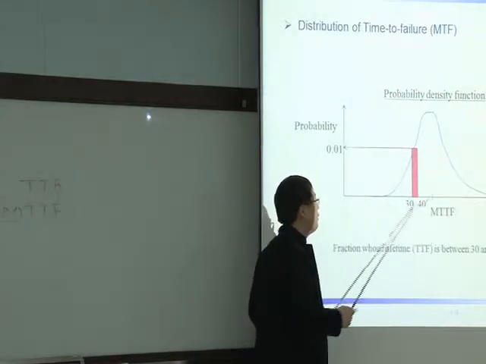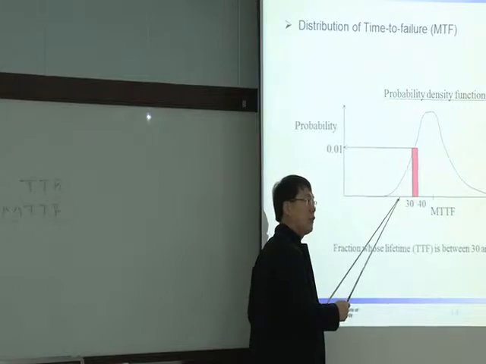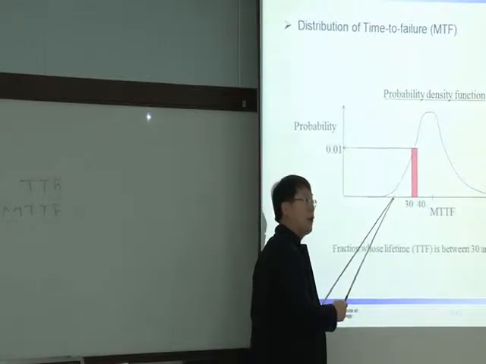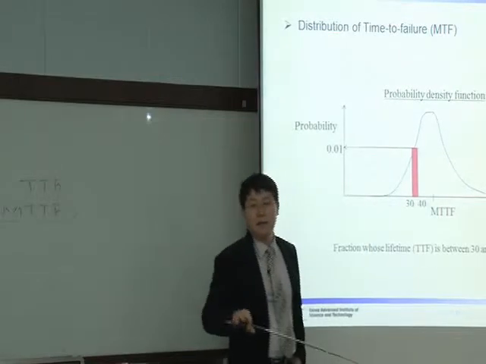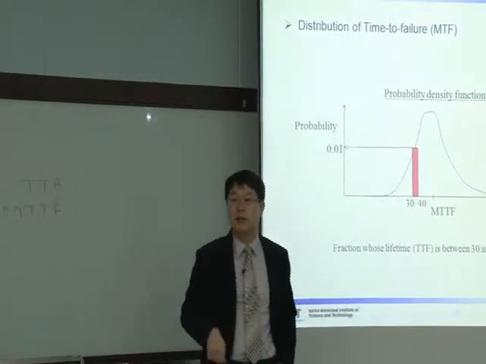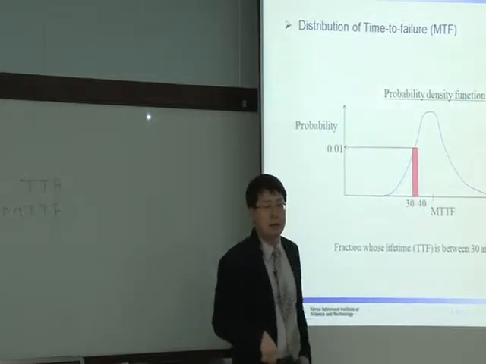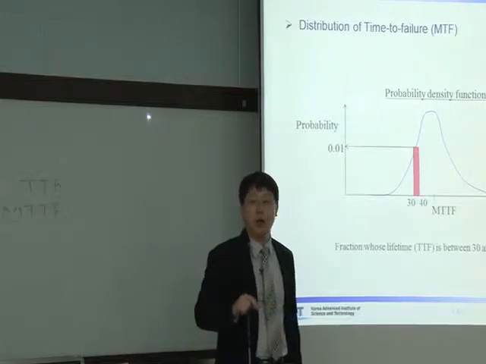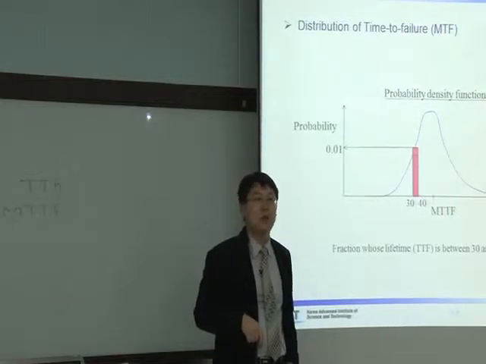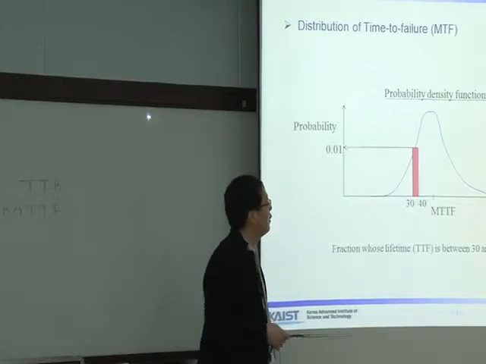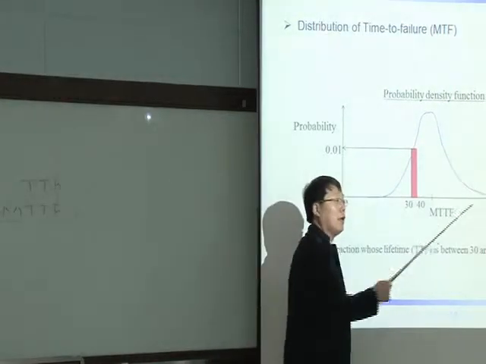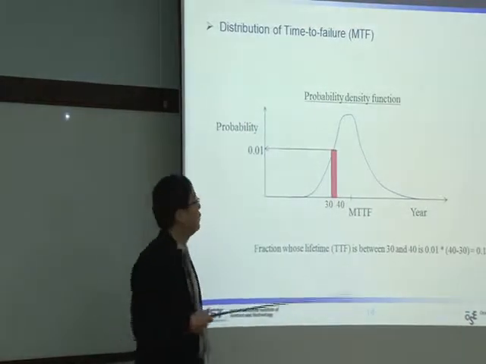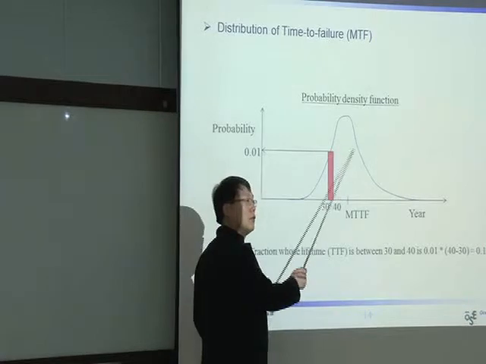Unfortunately, some are killed at an early stage. Babies can be killed because of their low immunity capability. Some can live more than 100 years. So we have a kind of distribution.